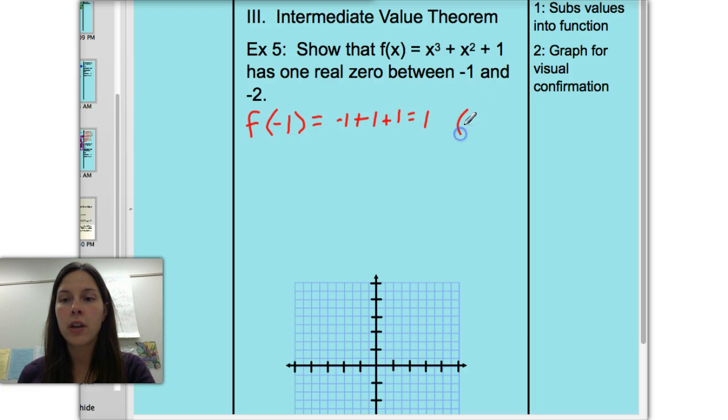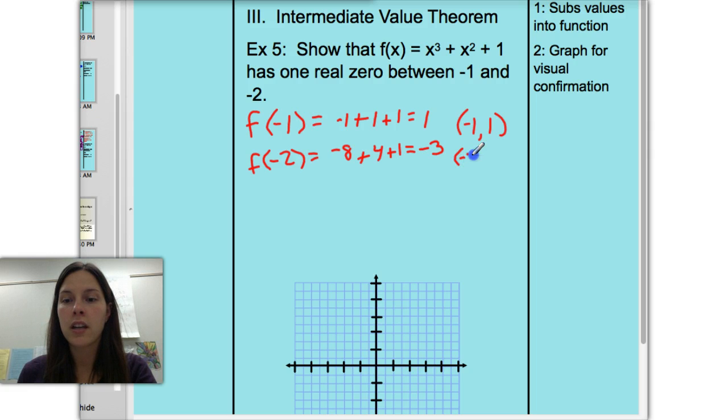So the ordered pair we have is negative 1, 1. Next, we're going to substitute the negative 2 into the function, so we're going to evaluate the function at negative 2. Negative 2 cubed is negative 8. Negative 2 squared is 4, plus the 1 on the end gives us a y value of negative 3. So we have the ordered pair negative 2, negative 3.